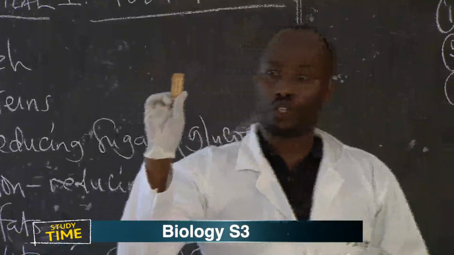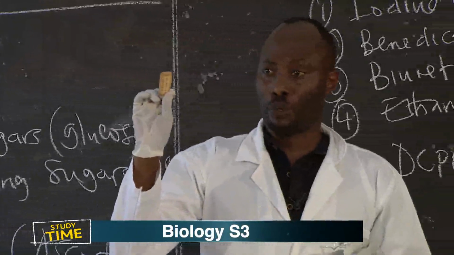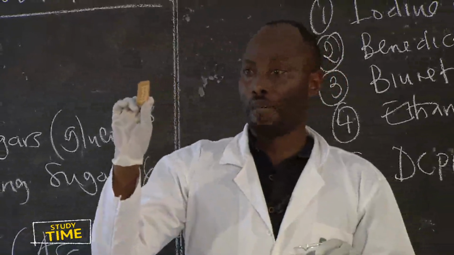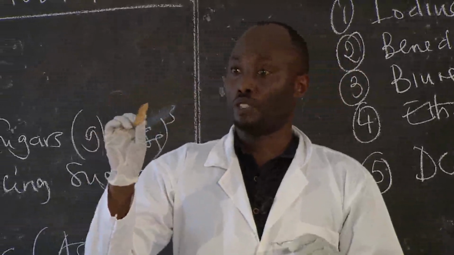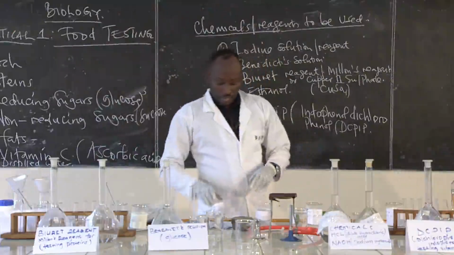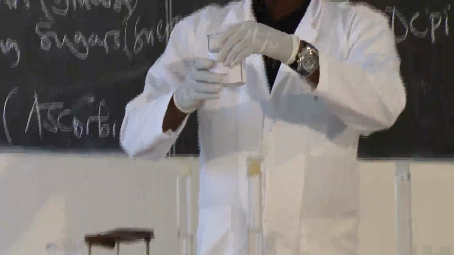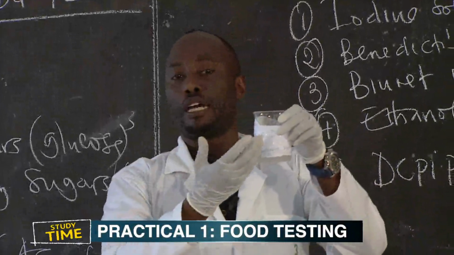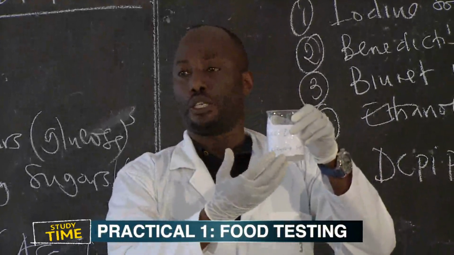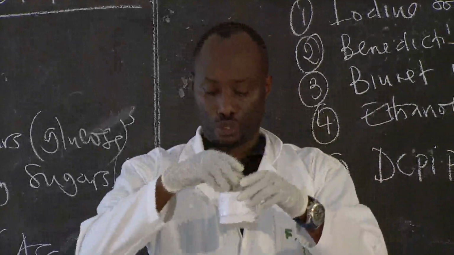I'm going to use glucose biscuits to test the presence of glucose. If I say glucose, I mean reducing sugars. Examples of reducing sugars are monosaccharides. I have sample D, which is made up of non-reducing sugars, which is sucrose.